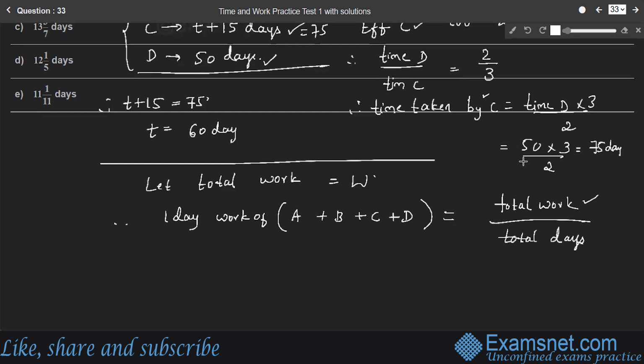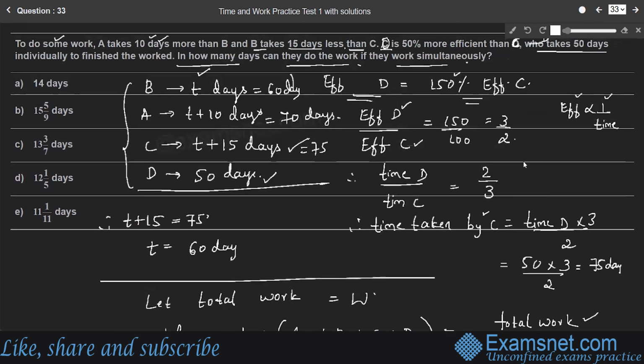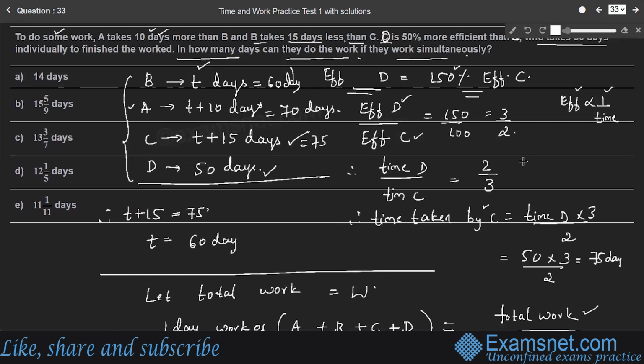Therefore, the one day work of A, B, C and D together is equal to total work by total days. So we'll consider the one day work of A, B, C, D.